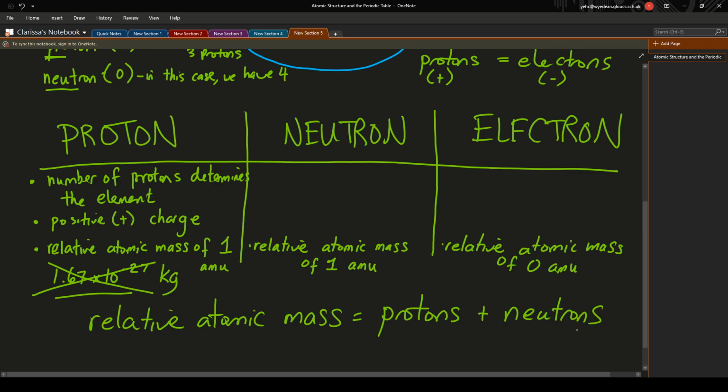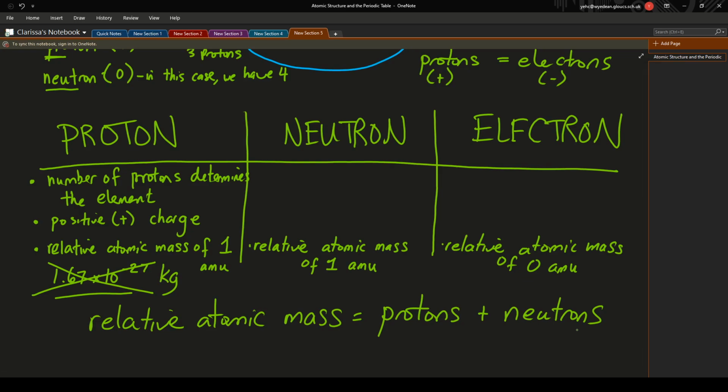How many electrons we have are not going to contribute to how much mass our atom has at all, because it's so small that it doesn't matter.